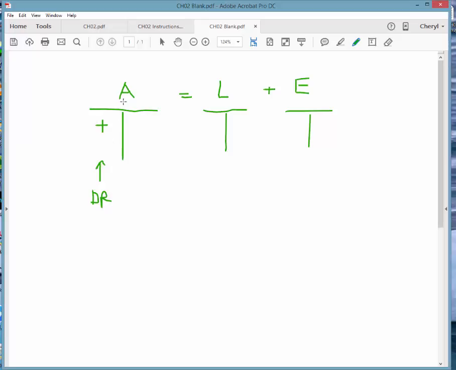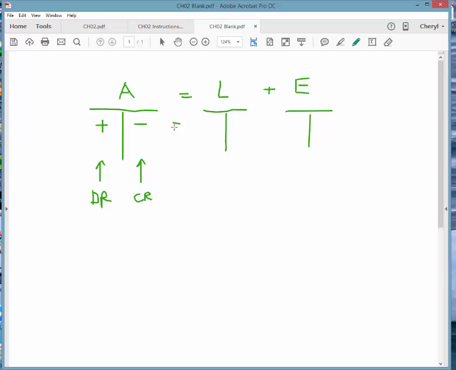So for every asset that we're going to look at, right now, debits will increase it. Okay, for every single asset that we're going to look at, for right now, every single credit, which means the right-hand side of the T account, will decrease an asset.